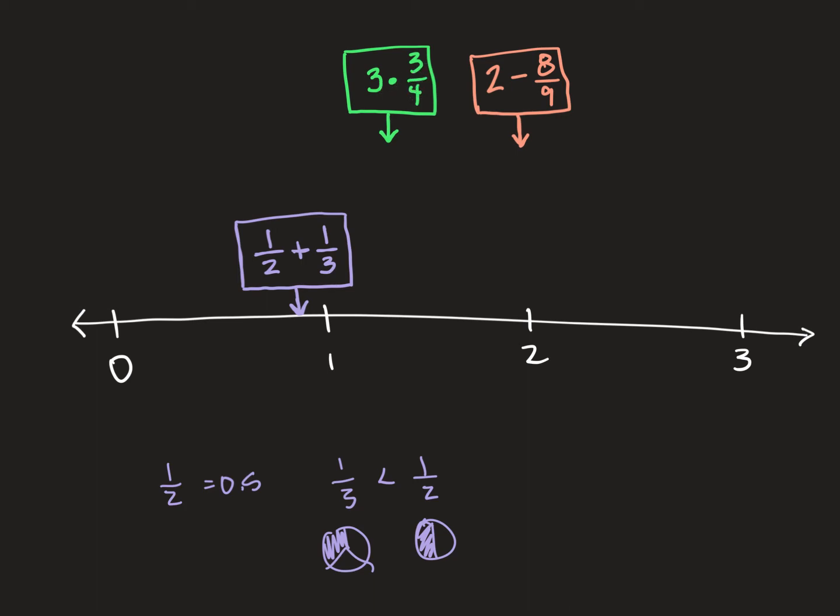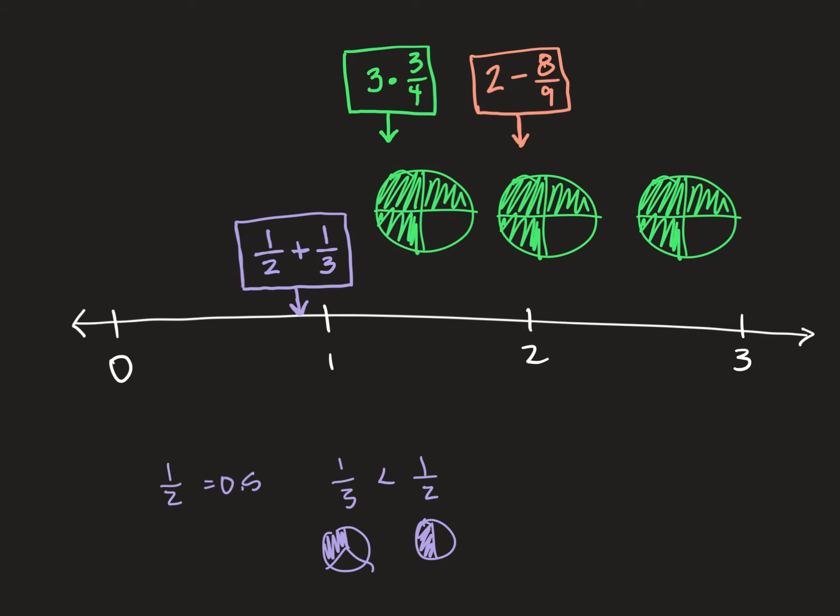3 groups of 3/4. Well, let's think about what that might actually look like here. 3/4 would be like that. And if we were going to have 3 sections of those, so that's 2 and that's 3. Well, this is definitely more than 1, right?